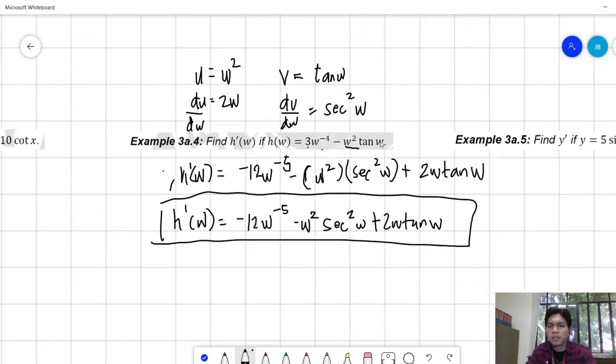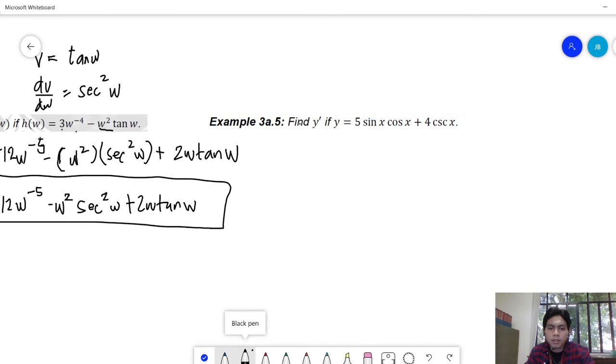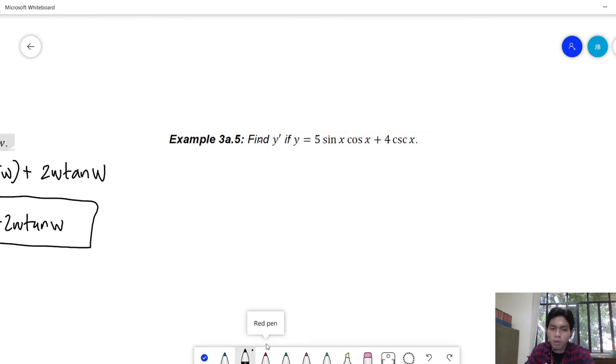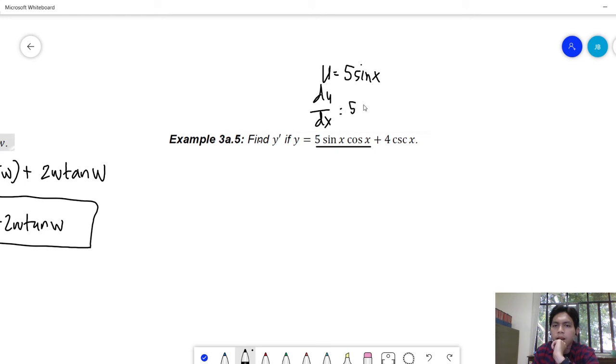Okay? Next, find the derivative of this one if y equals 5 sin x cosine x. Same again, this is a product rule. So our u is 5 sin x, du over dx is 5 cosine x times 1, right?